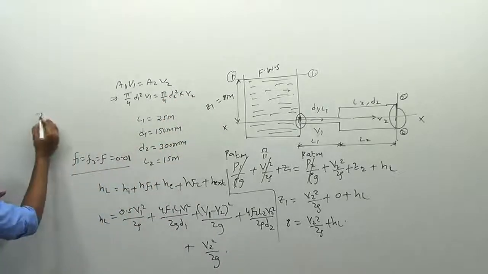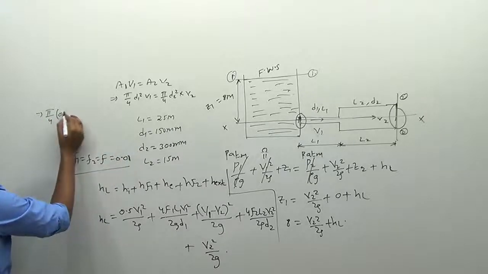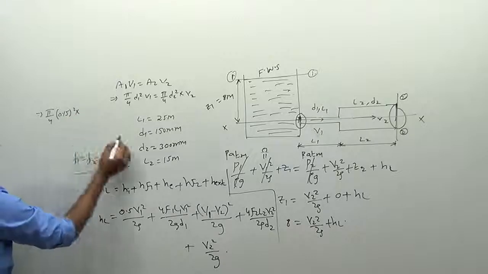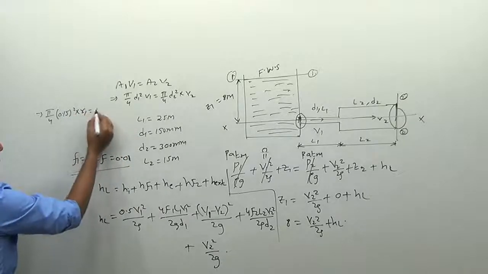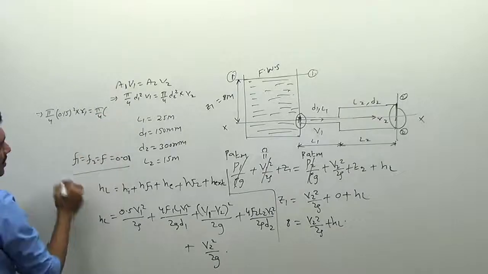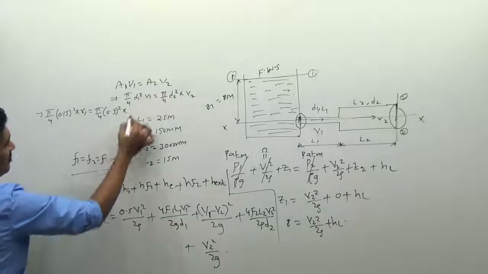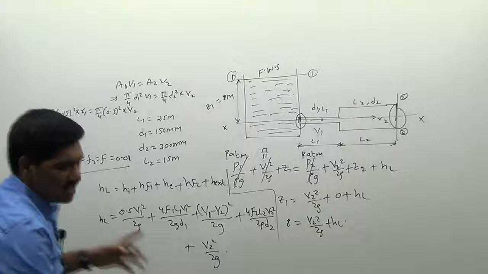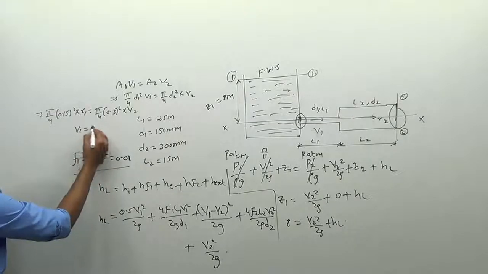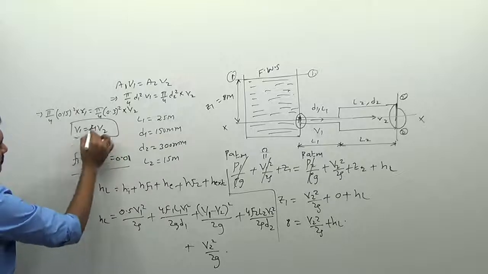Substituting the values, D1 is 0.15, so 0.15 whole square, and D2 is 0.3, so 0.3 whole square into V2. So you can get the relationship between V1 and V2: V1 is equal to 4 into V2.